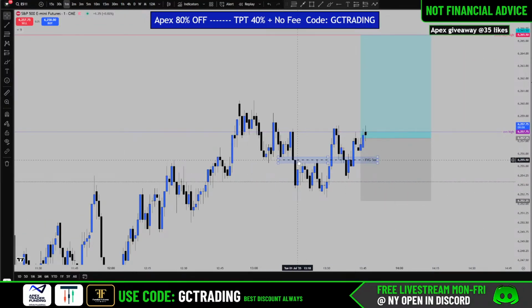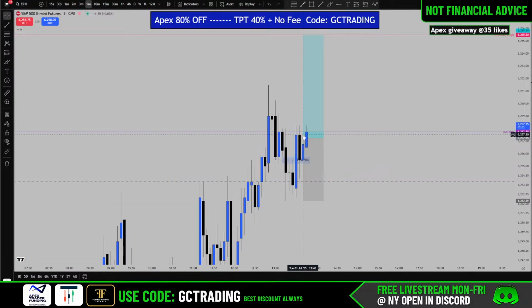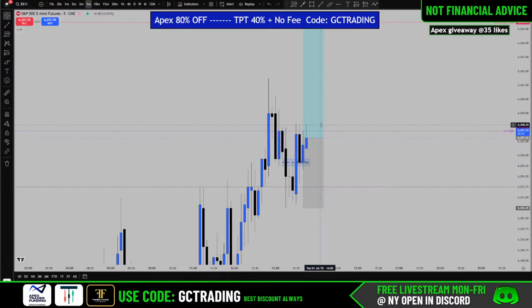Because we do have the 5 minute inversion, we did hold it right here. I would just like to see a little bit more of a closure. I want to see where this candle closes. If we can close above this, that'll be great. I'll need a closure above this. If not, then I'll wait. So not in yet, I'm still waiting for confirmation.